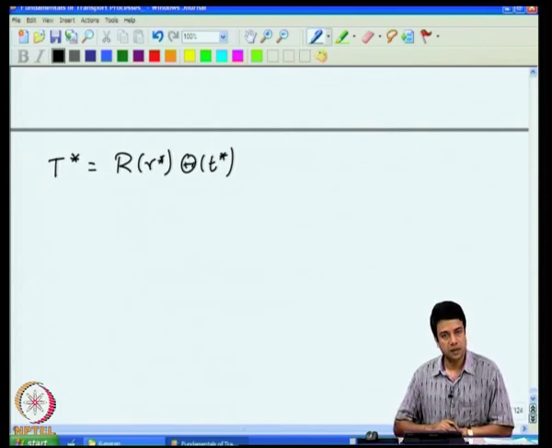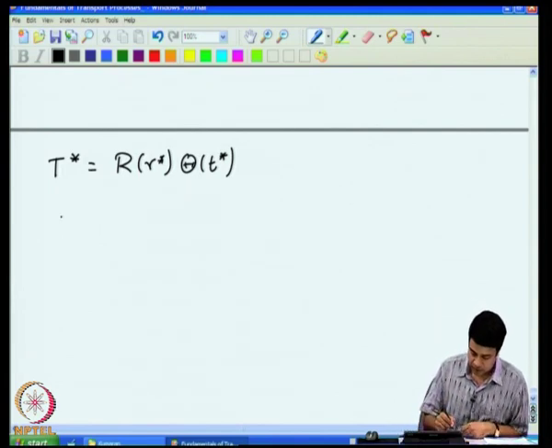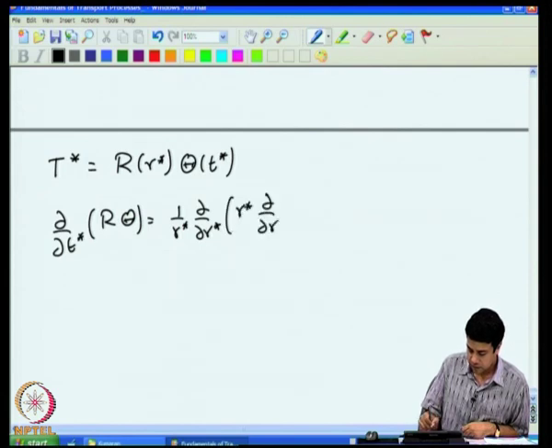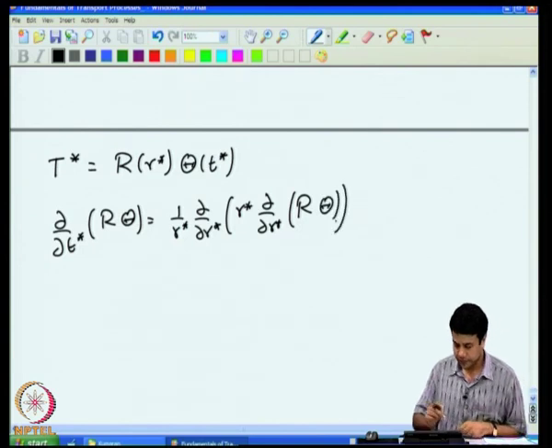And I insert this into the conservation equation. And I will get d by dt of R theta is equal to 1 over r d by dr of r d by dr of R times theta.